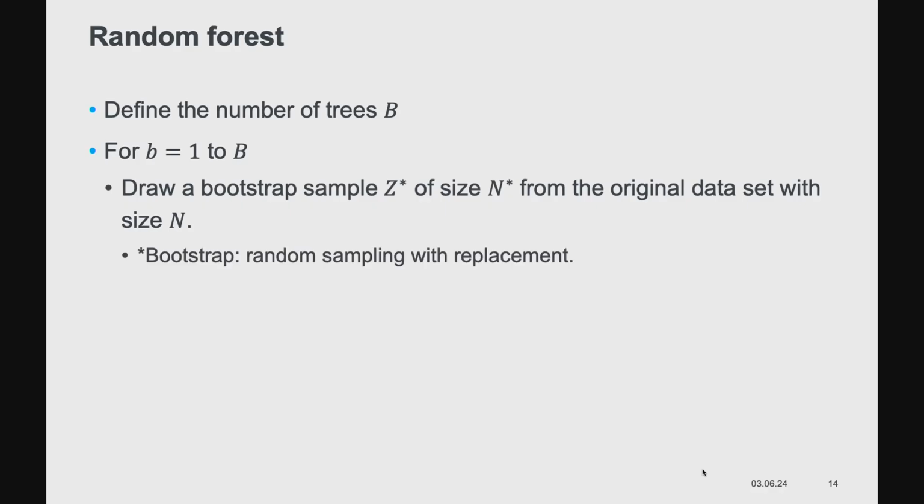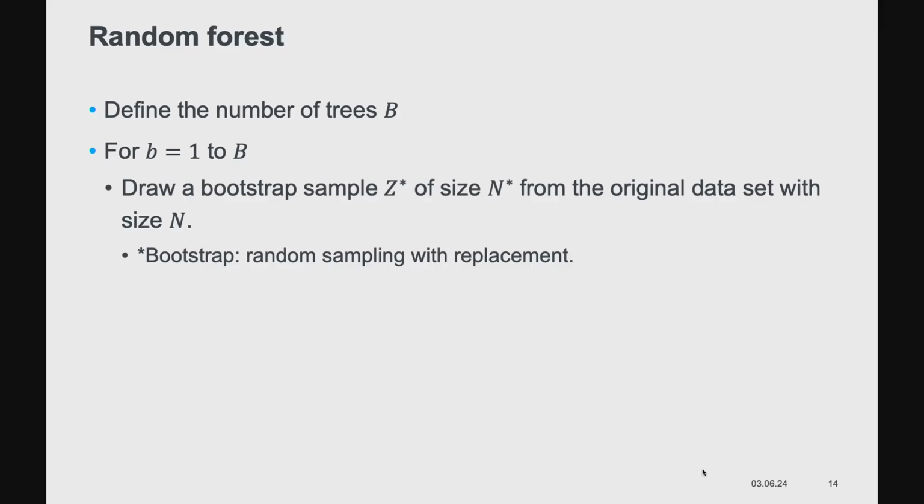What is a bootstrap sample? It's random sampling with replacement. So here I have my data, and in order to create a smaller bootstrap sample, I take a piece of data out, put it aside, but I also put it in again. It could be that I sample the same data item several times.